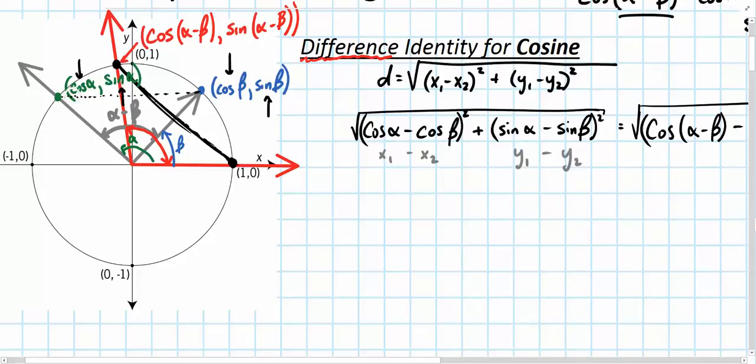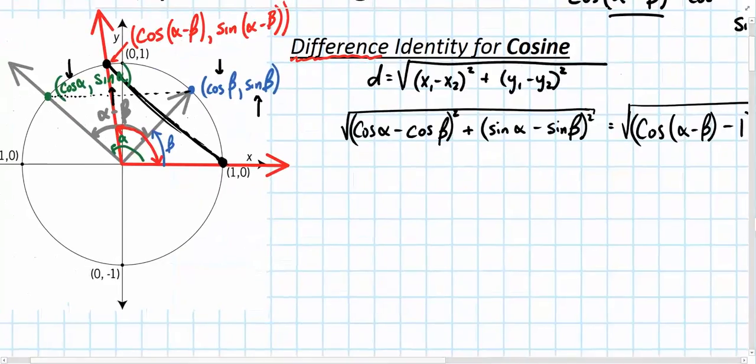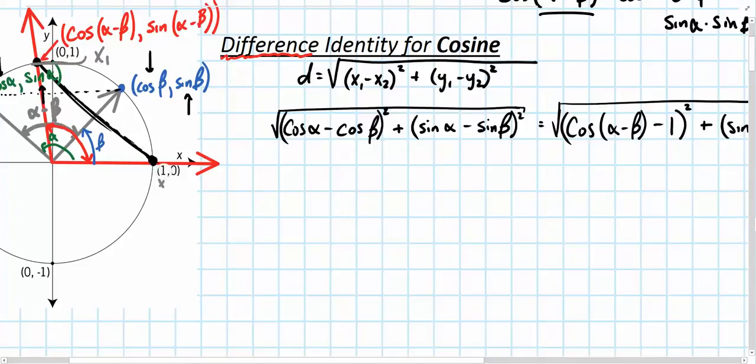And again, the y values for the left-hand side of our equal sign come from sine of alpha and sine of beta. On the right side of the equation, I have cosine of alpha minus beta. That's my x1 value for this data point. And I also have the number 1, because the other x value was equal to 1.